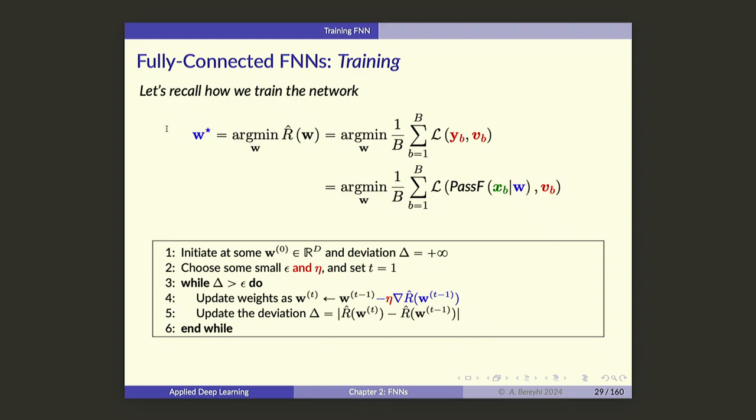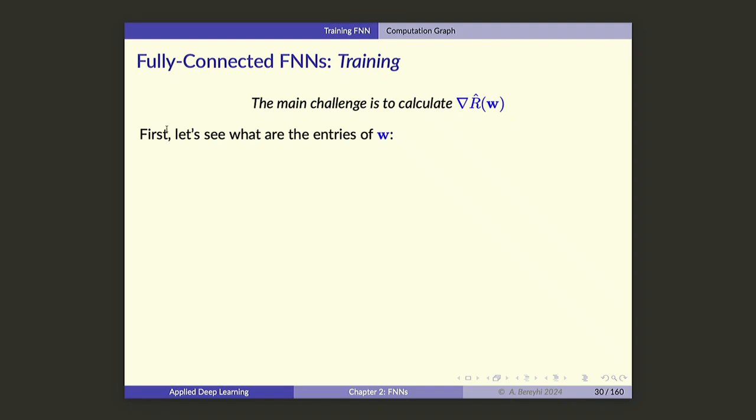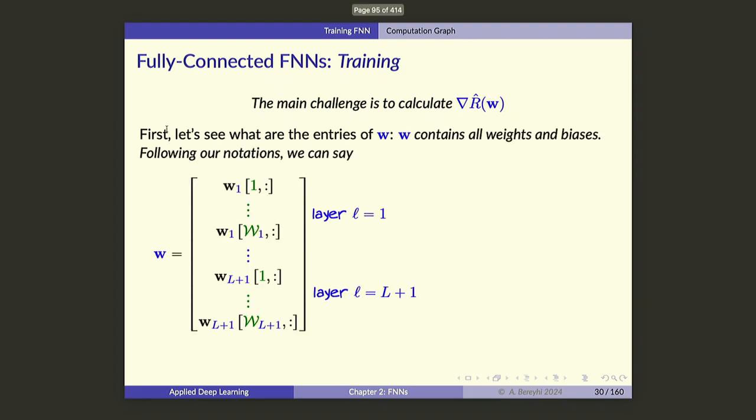Okay? Now, let's start writing down this gradient. If I want to write down this gradient, I can, first of all, look at this vector W. I just check what this vector W is. I told you this is the vector of all the weights that you have. Meaning that if you start from your first layer, you take the first row, then the second row, till the last row. Then you are finished with your first matrix of weights.